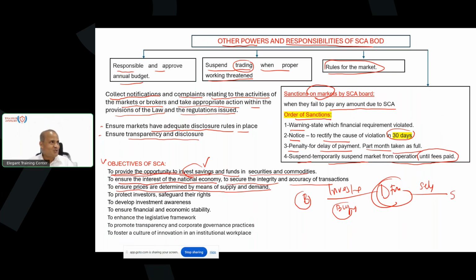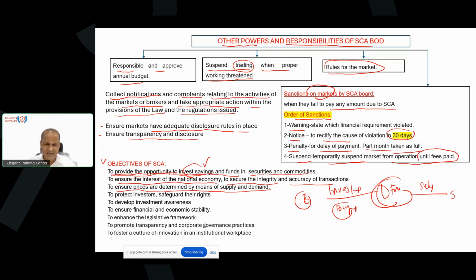The prices should be decided by demand and supply. Let the investors, who can be buyers or sellers, decide the price. There should be no manipulation. So that is the job of the SCA, to ensure price transparency.